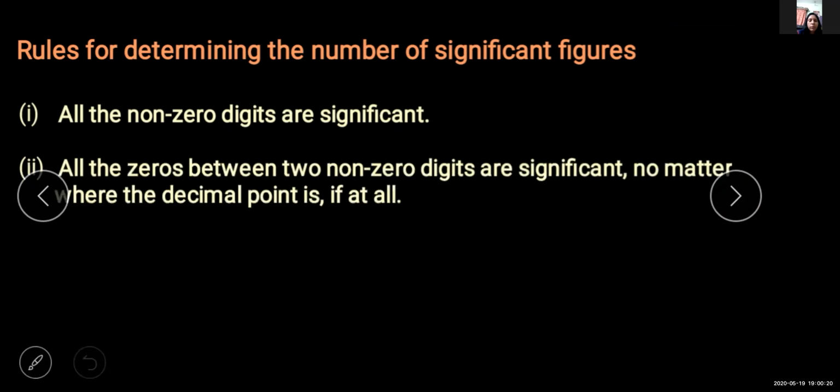Second, all the zeros between two non-zero digits are significant, no matter where the decimal point is, if at all.